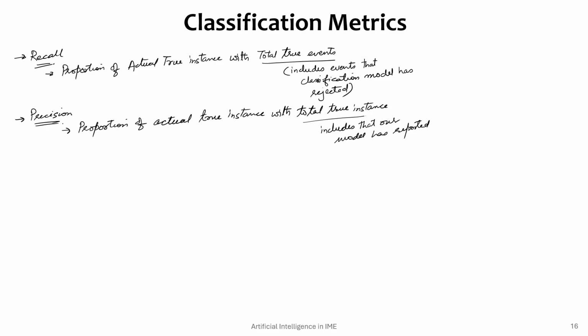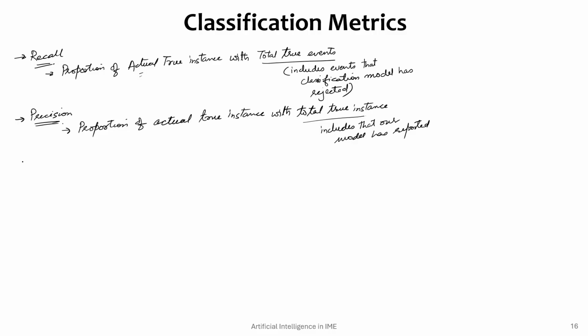So you may ask, what is this actual true and the total true? To understand this, let us consider that you have created a classification model, okay, and your model is saying some instances are true or false, right? But in your data set, since this is a supervised technique, you have the correct actual labels for that instance as well, right?